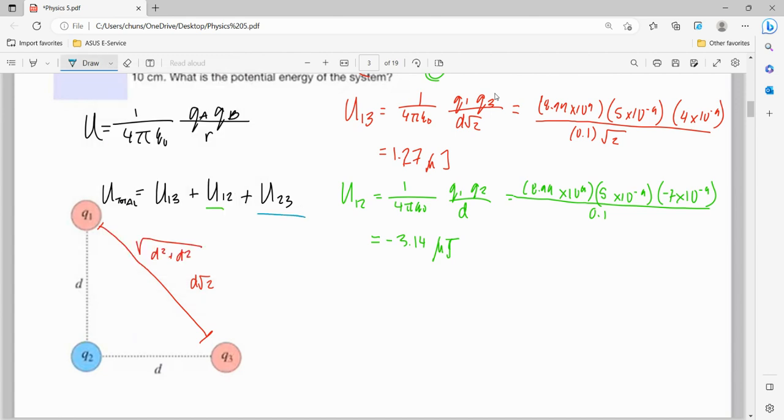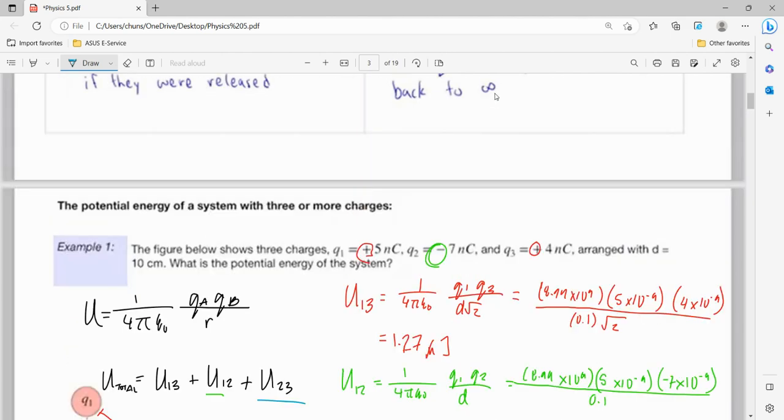Okay, and lastly, we have 2 and 3. And this is equal to, so we have a positive and a negative sign charge. So we can expect this to also be negative. This is 8.99 times 10 to the 9. This is 5 times 10 to the -9 and negative, oh, sorry, Q3.